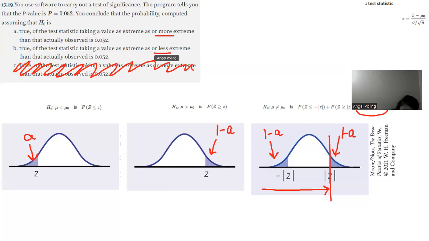And it's definitely more extreme because if we're in the critical region, then we are more extreme. If we are in the unshaded region, that's common. Anything in there that seems unusual is just due to chance.